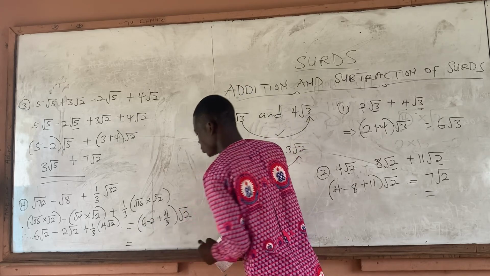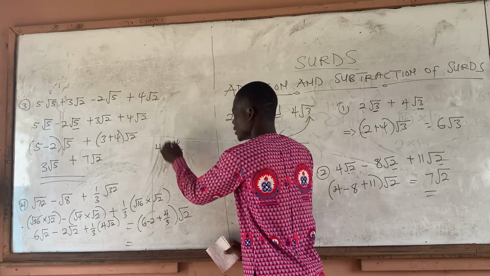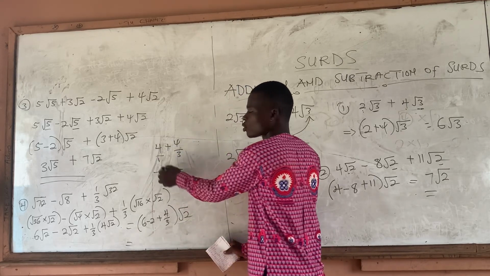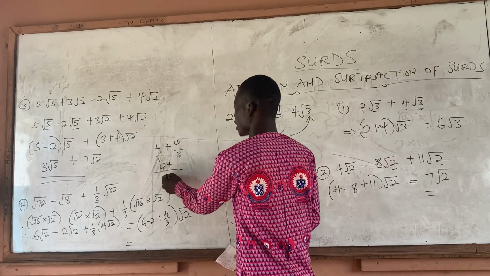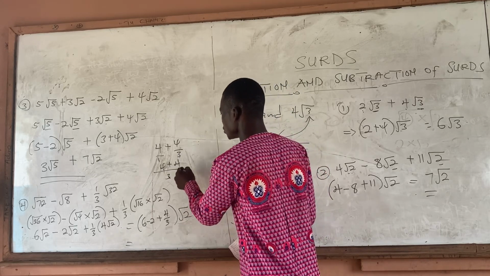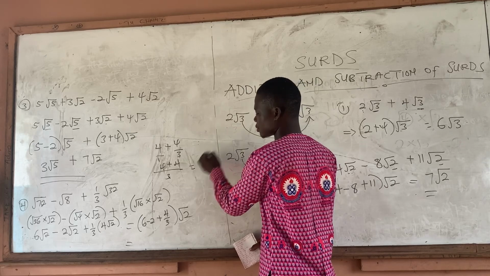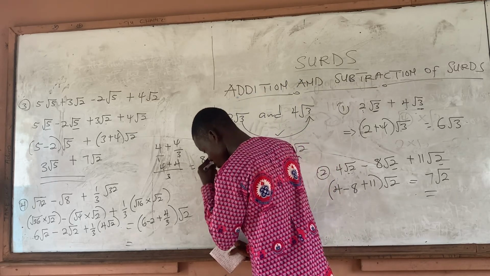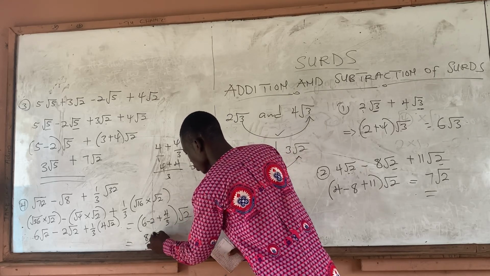Suppose 4 is over 1, the LCM is 3. 3 times 4 gives 12, plus 4, which is equal to 8 over 3. So we are going to get 8 over 3 root of 2.